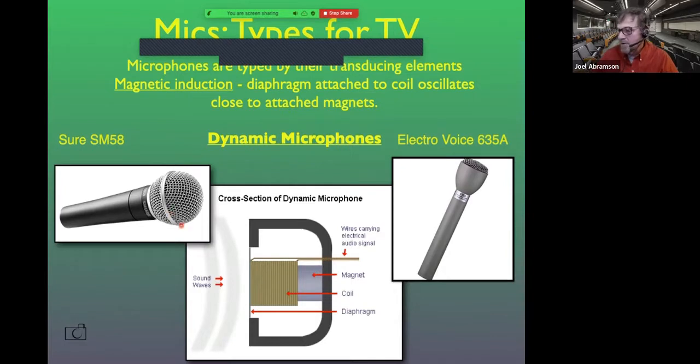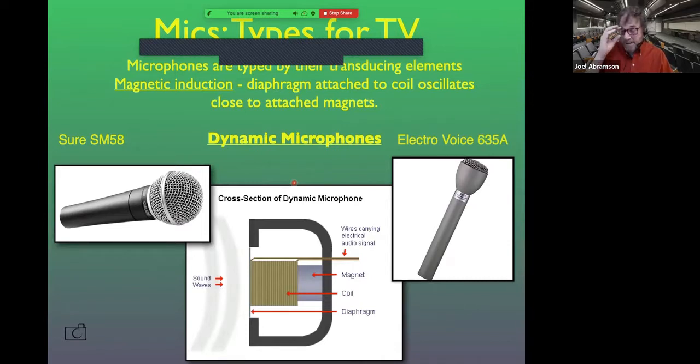Here's a couple of dynamic microphones, the Shure SM58 and the Electro-Voice 635A. Dynamic microphones are really known for their sturdiness, for their ability to take a hit. They give you a really good sound, and they're a good field mic.